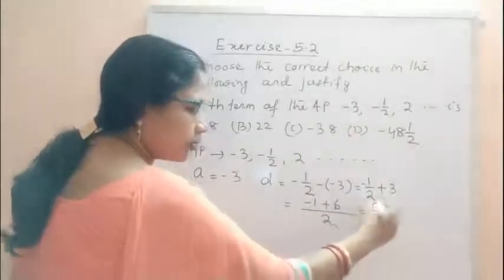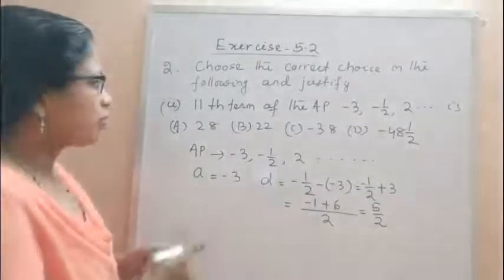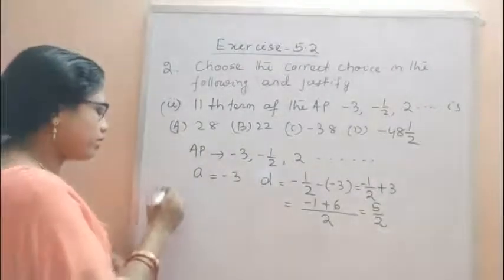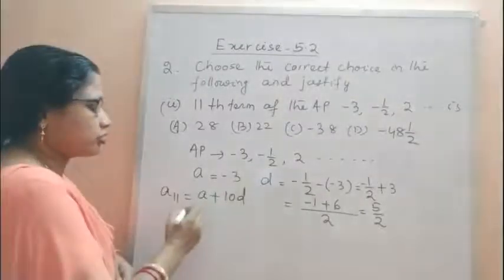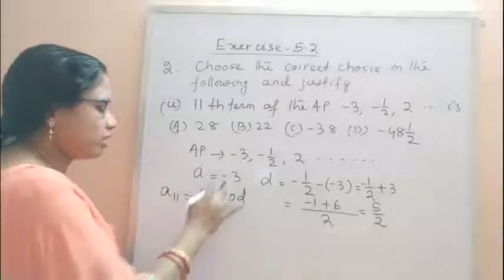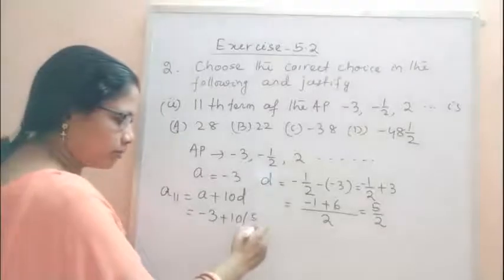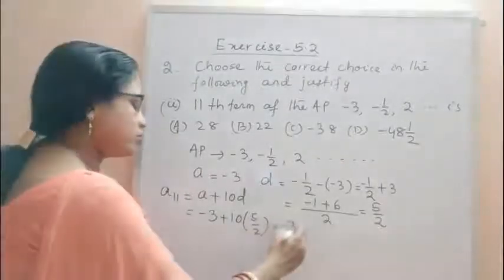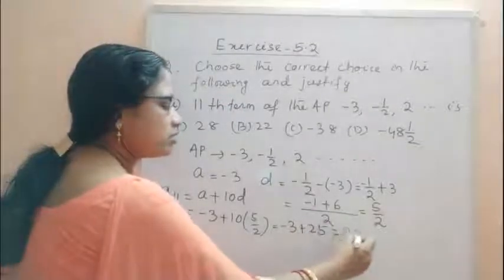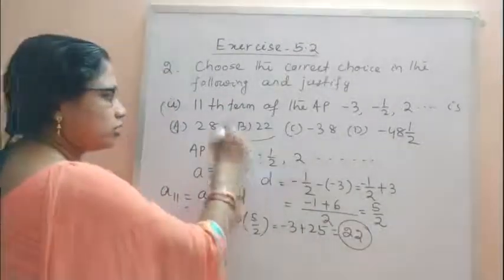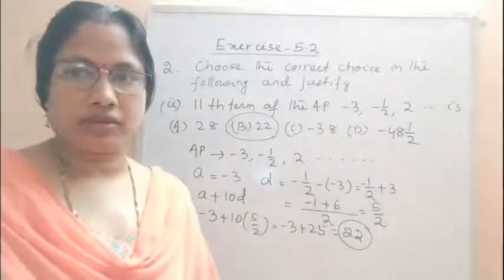So this is 5 by 2. So our d is 5 by 2. So we have to find the 11th term. a11 is equal to a plus 10d. So this is equal to minus 3 plus 10 into 5 by 2, which is equal to minus 3 plus 25. The answer is 22. So here option B is the correct answer.